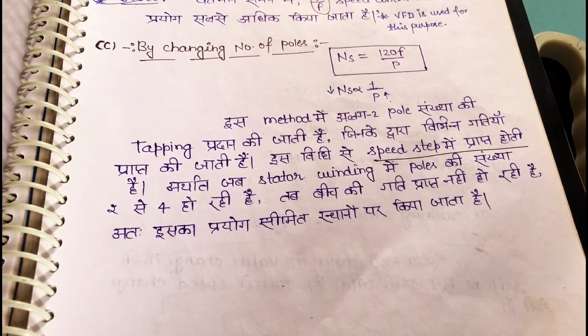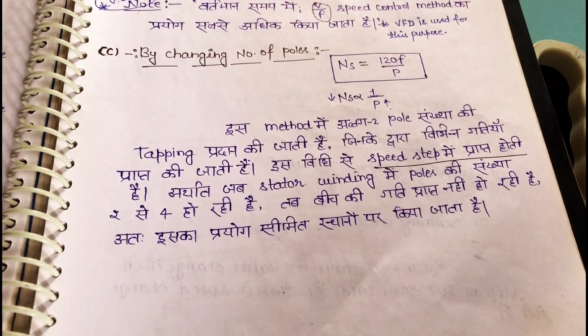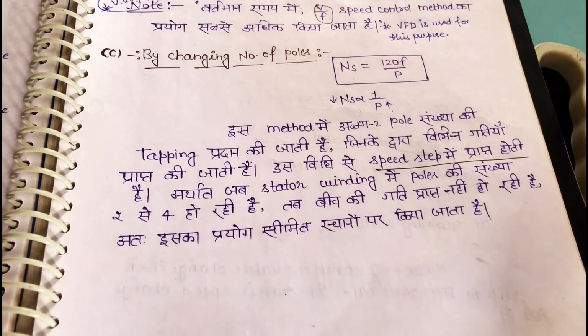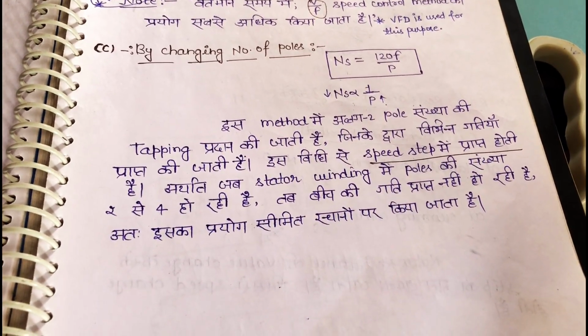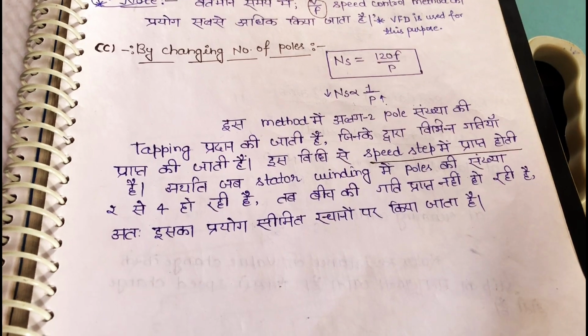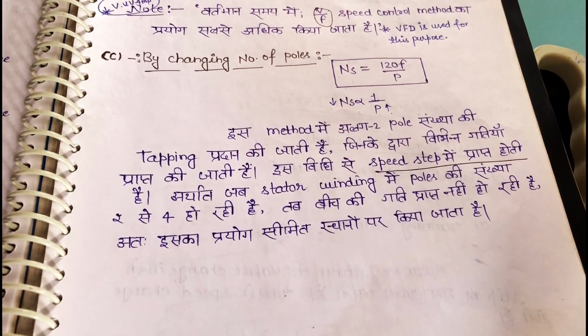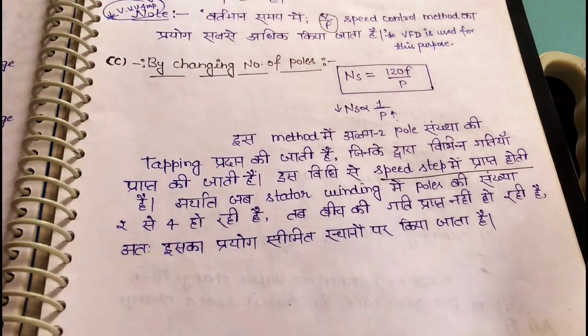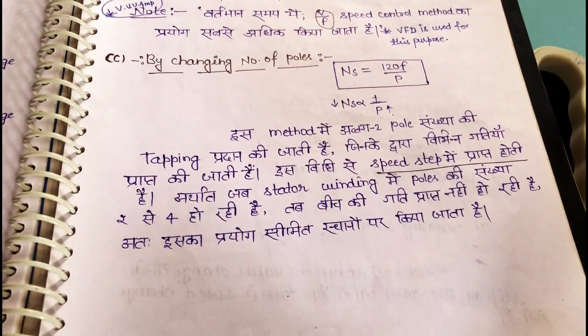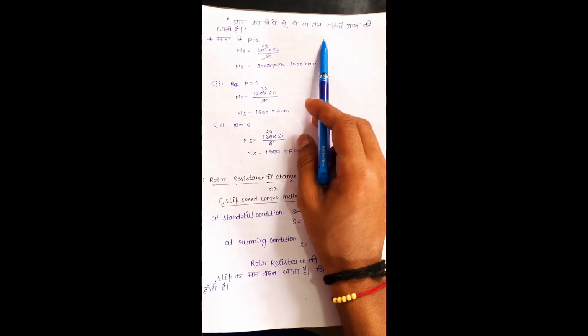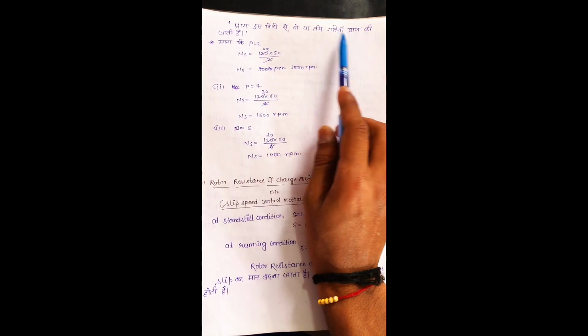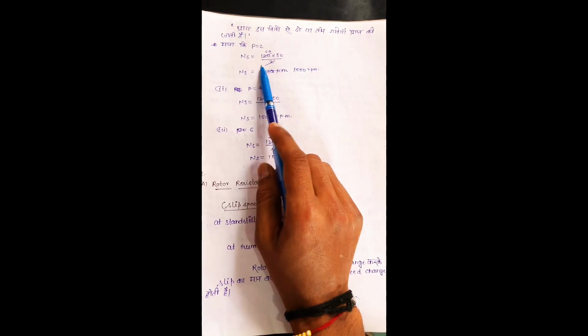The drawback of this method is that we cannot get speed in between 2 and 4 poles. So this method is used in very limited places in industry. Often by using this method, we can get 2 to 3 speeds of the motor.